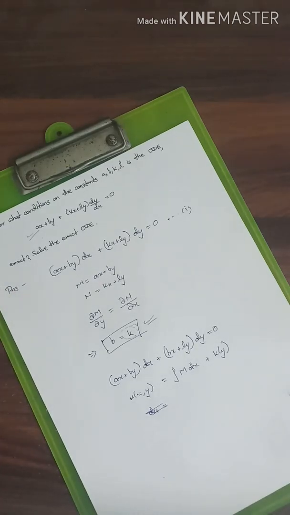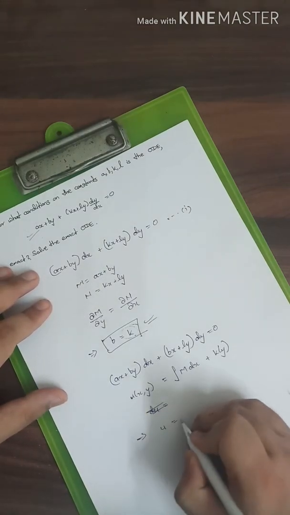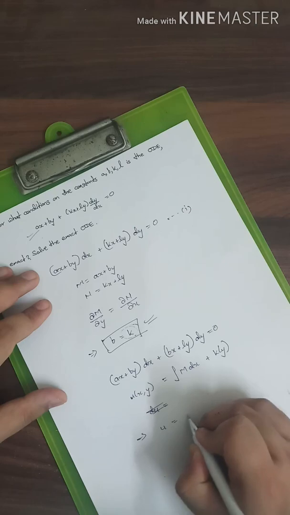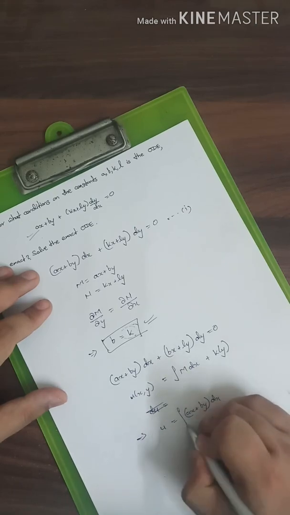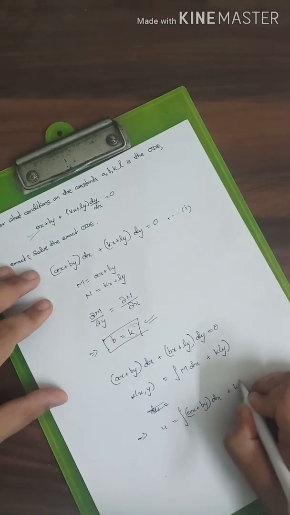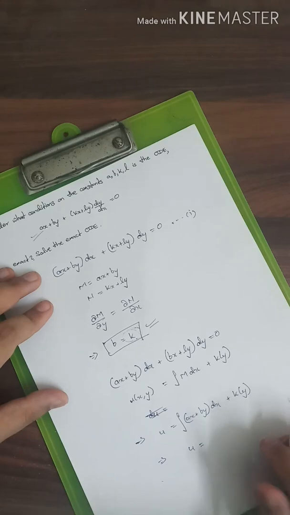That would be basically what we're going to get. So u is equal to the integral of (ax + by) dx plus k(y), implying u is equal to ax square by 2 plus bxy plus k(y).